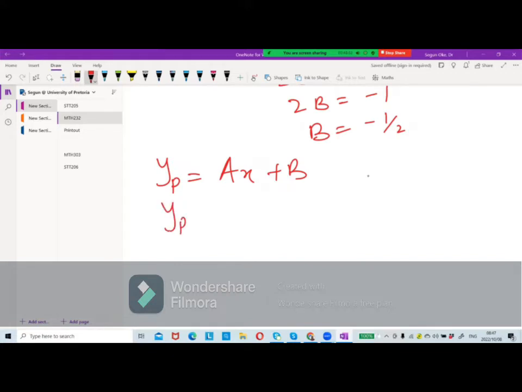What is your yp now? 2x minus 1 over 2. Do you all agree now? Remember, your yp is ax plus b, and you are able to solve for a and b. So we have it to be this.